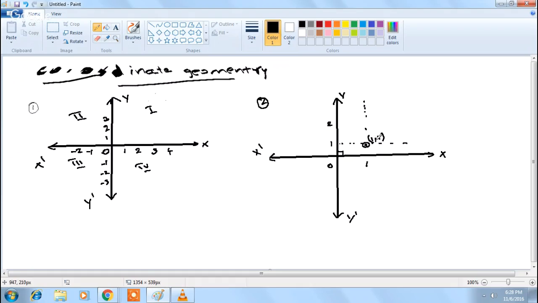So you have to write that as an ordered pair. First you have to mention the x-ordinate and next the y-ordinate. Here the x value is 1 and the y value is 1. In the same manner, we can also locate some other point in the second quadrant as minus 1 comma 2.